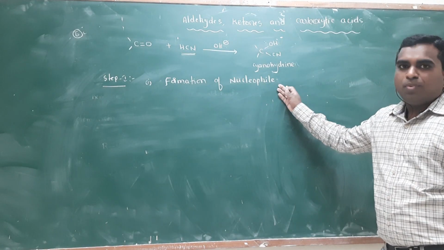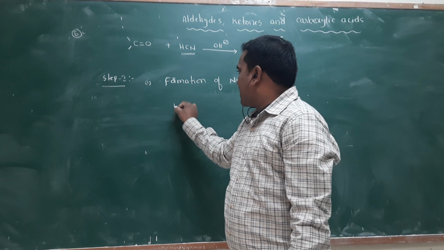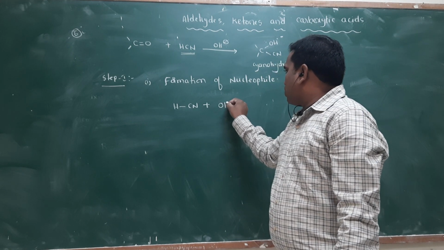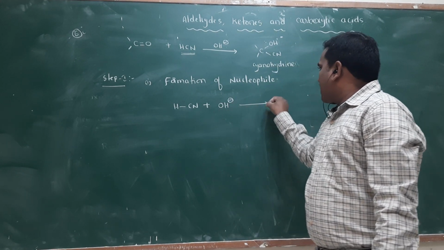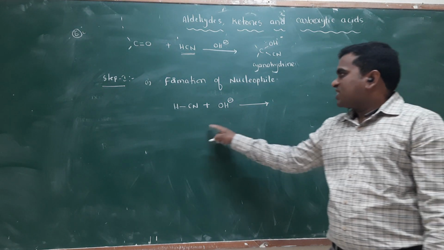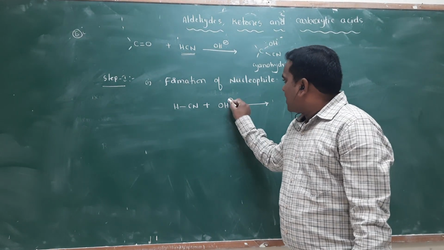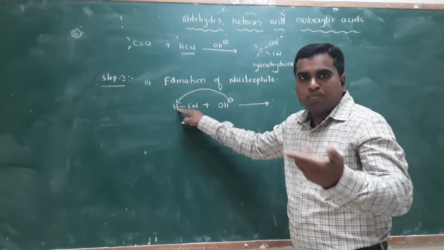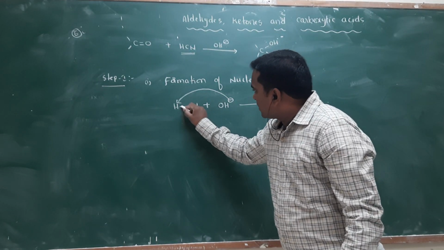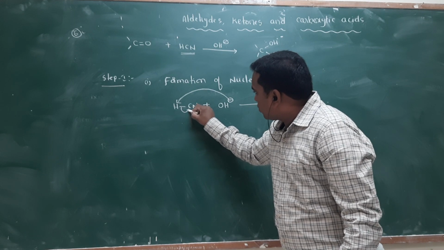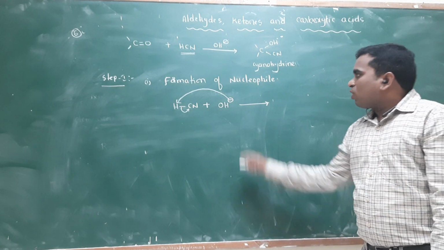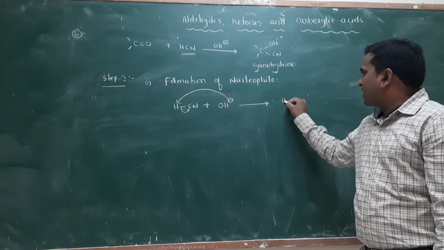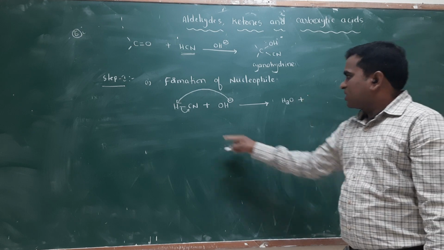How will this nucleophile be formed? You know, HCl plus base, that is OH minus. And you know the concept: base always accepts the proton. So OH minus will accept the proton. Proton means H plus. When it takes the proton, these bond electrons will come towards the carbon. Then what will happen? OH minus and H plus, you will get H2O. What is left here?